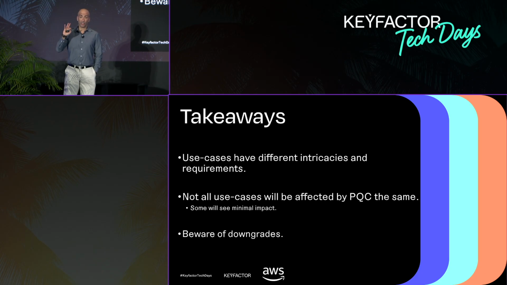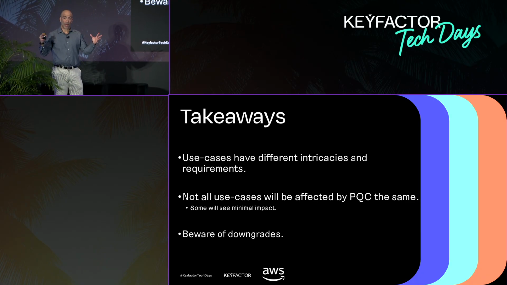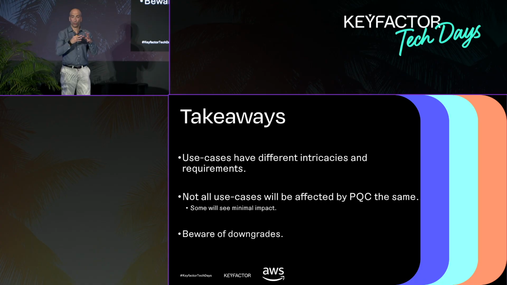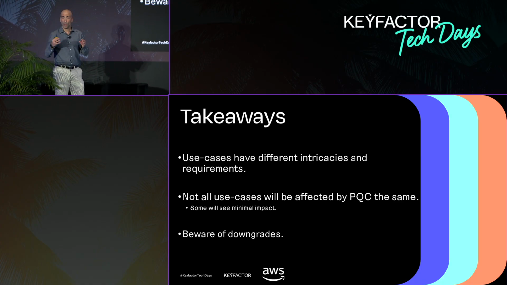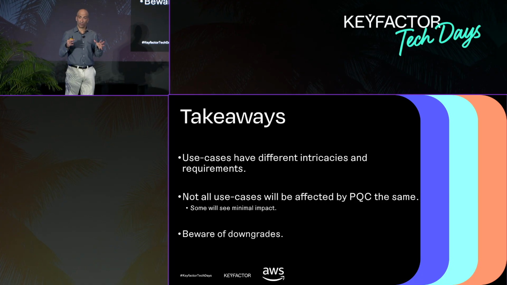So the takeaways from this session, hopefully, are that use cases have different requirements and intricacies. These new post-quantum algorithms may affect some, but there are many that will not suffer by a lot. These are the use cases that have decent resources, CPU resources, and they transfer big chunks of data over the network.